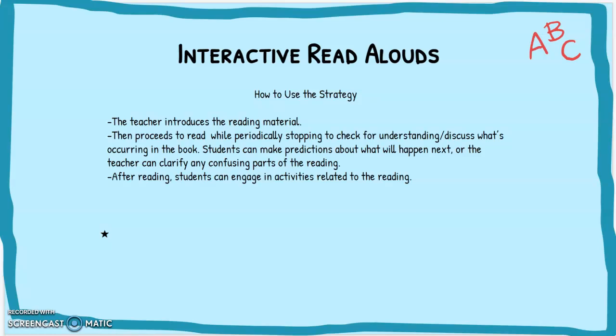aloud, you can have the students engage in activities related to the reading. One of my favorites is to just pull in a quick write. So set the timer for a couple of minutes, however many minutes you feel is appropriate, and then the students can write about a topic, or write about a prediction, or summarize what they just read about.